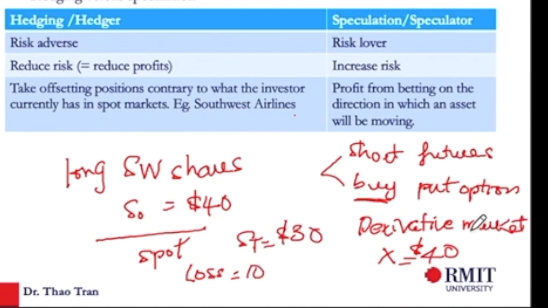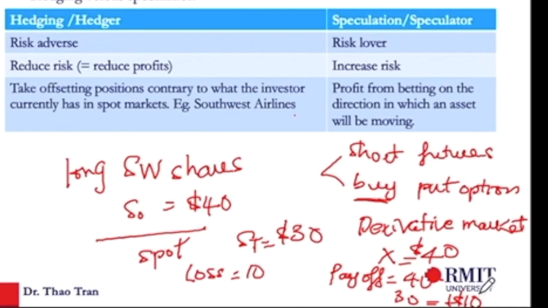But if you look at the derivative market, we already discussed how to calculate the payoff of an option in the previous slide. The payoff here is just equal to 40 minus 30, so you will have a gain of $10. You have the right to sell it at $40 and it's only worth $30 in the market, so you can sell at a higher price and the $10 difference is realized as your gain.